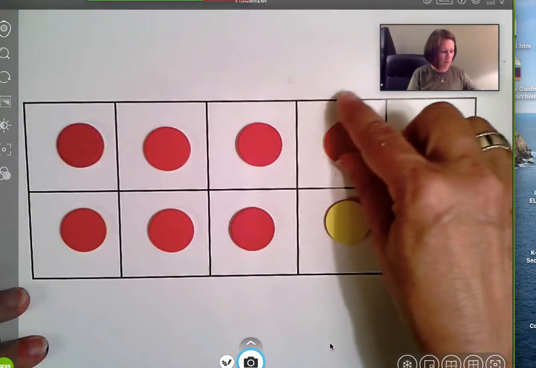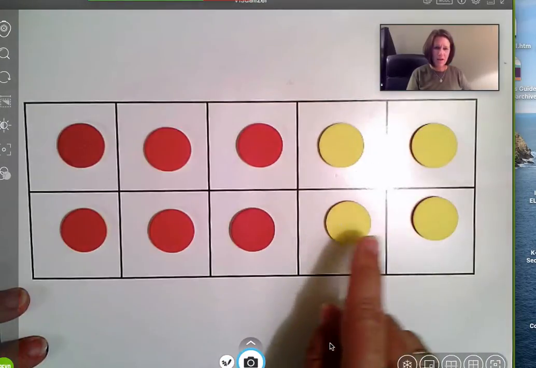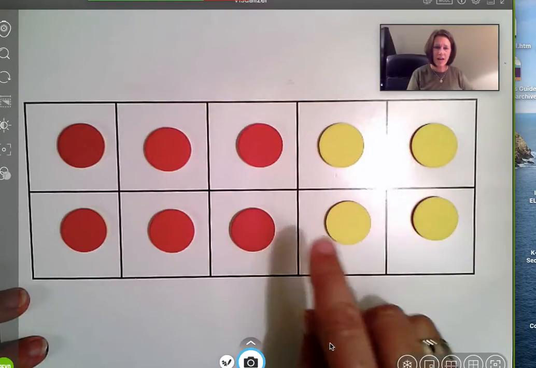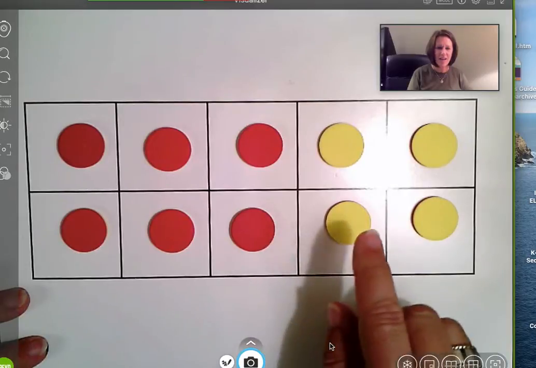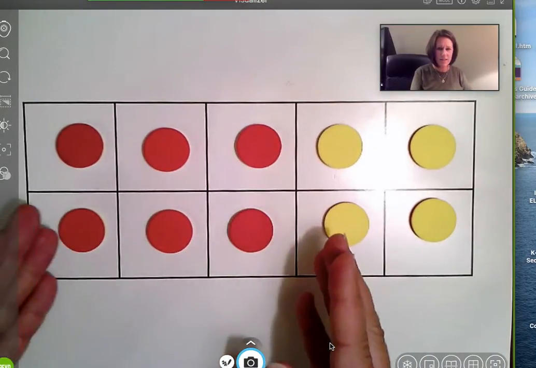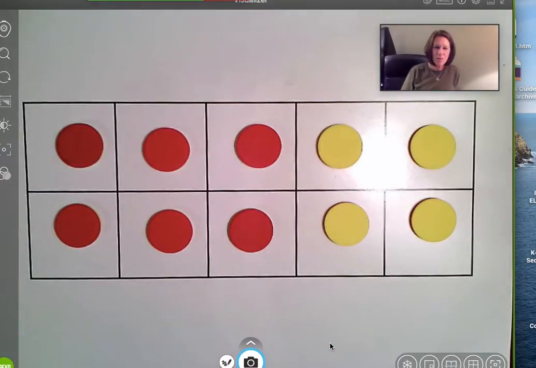Are you seeing how we're making a pattern? And we did 1 and 9, and then 2 and 8, and 3 and 7, and now we have 4 and 6. Putting it in order. You might even see the pattern. What would be next?